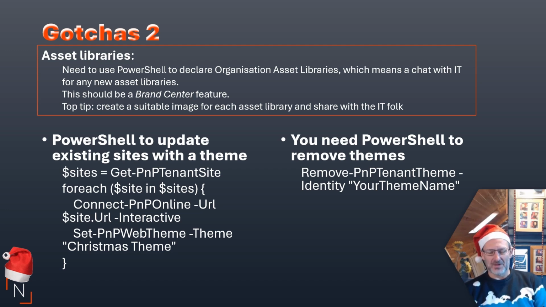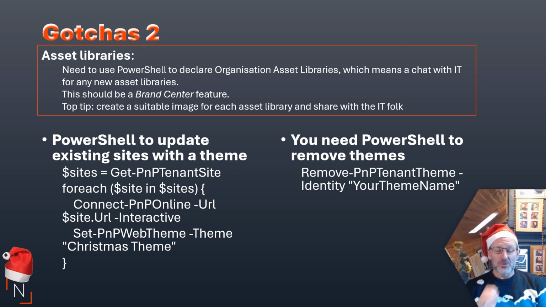And I think the kind of people who are doing the brand stuff, the theme generation, may not have those PowerShell skills, and even if they do, they're unlikely to have been given the admin rights necessary to run them by IT. So right now, you need to go and talk to IT anytime you create a new asset library or need to make a change. I think that this is a key thing that should be a Brand Center app feature, and we're waiting for Microsoft to fix that.